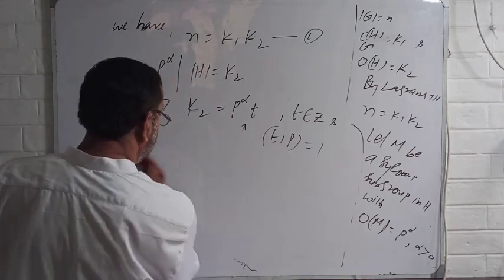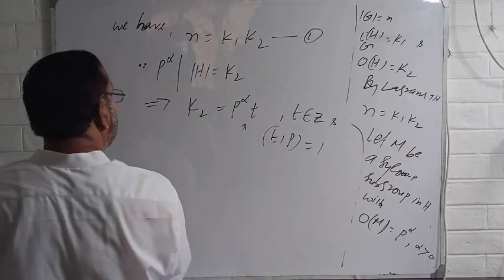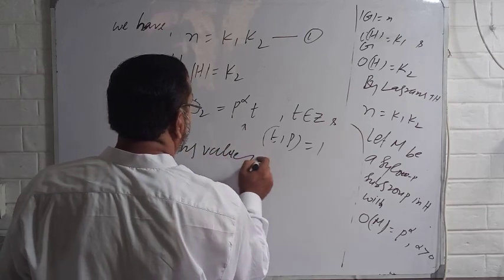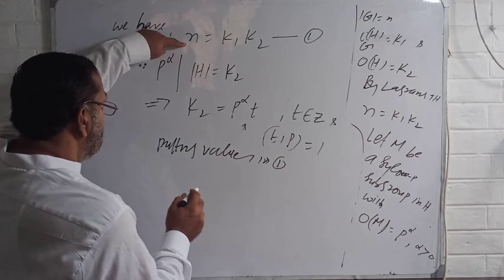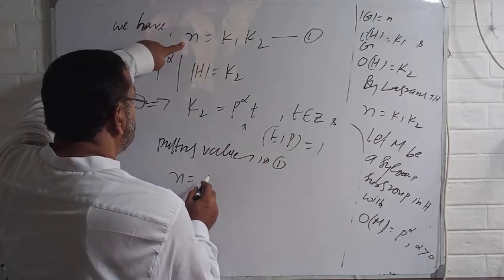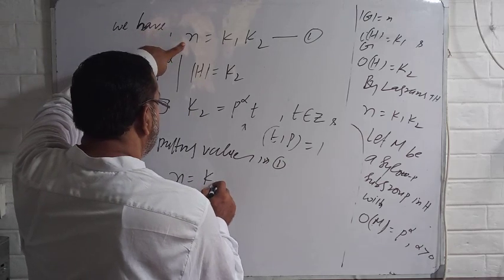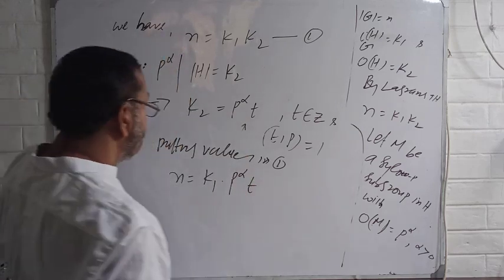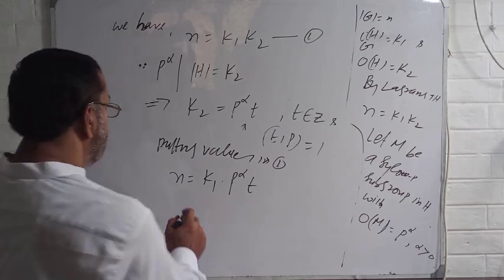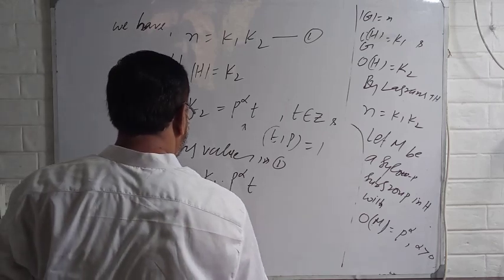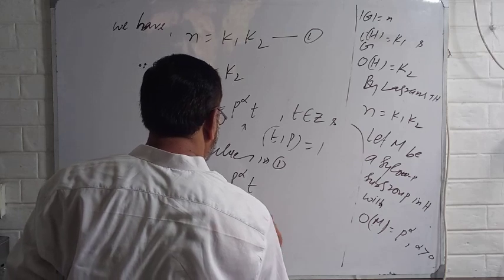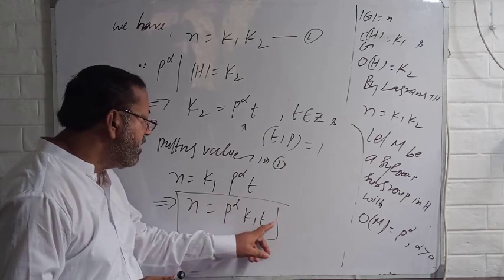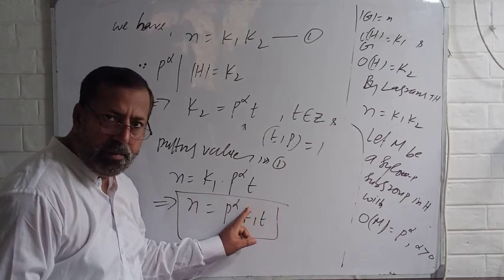Putting the values in 1, what is this? This is n is equal to K1 and this is P power alpha T. So this implies n is equal to P power alpha K1 T. Now we will prove this theorem if we show that P and K1 T are relatively prime.